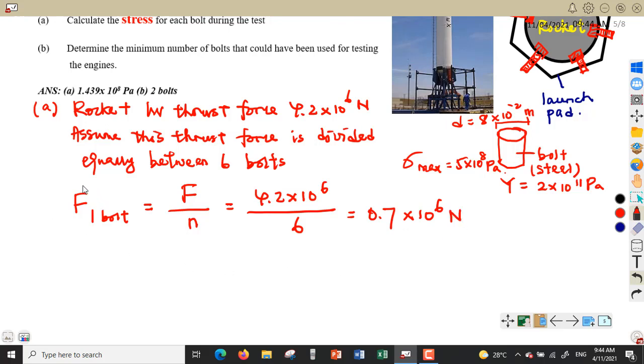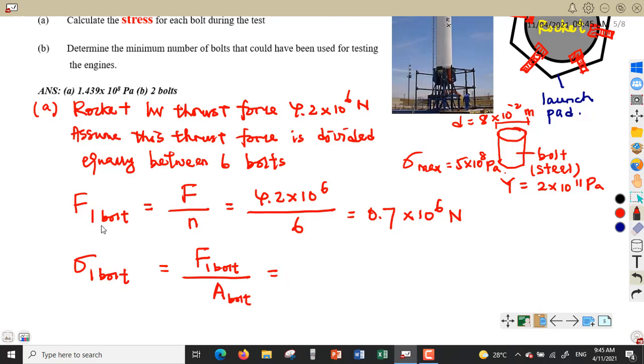Okay, so we get the force experienced by one bolt. And then only we can find the stress for one bolt. So, the stress of one bolt will be the force experienced by the bolt divided by the cross-sectional area of the bolt lah.